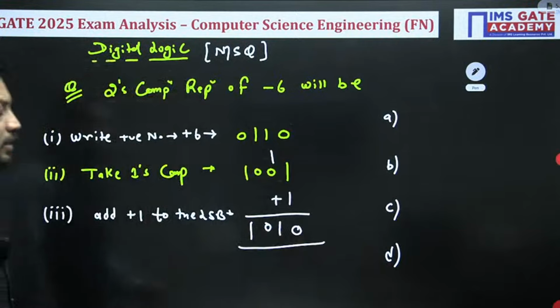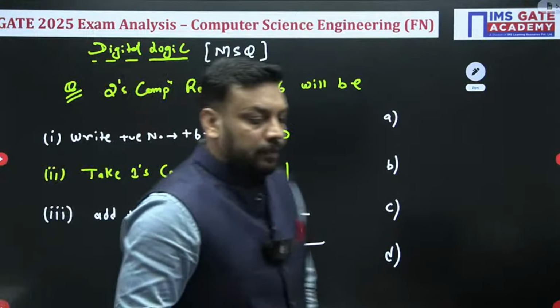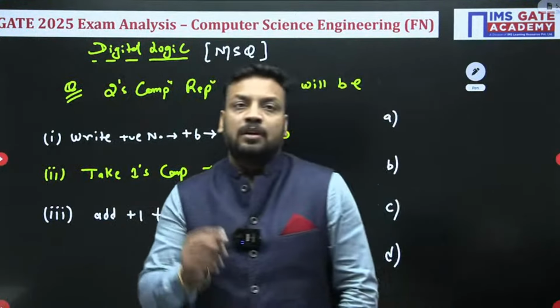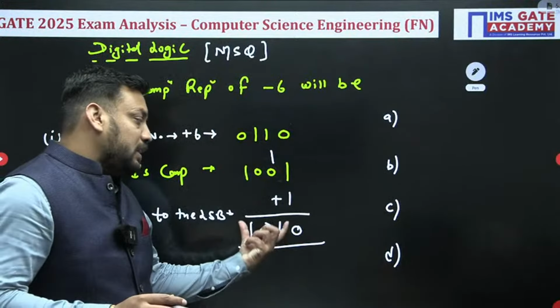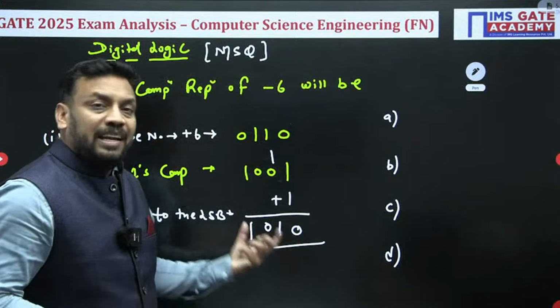So it means guys, the beauty of 2's complement representation is that if you want to represent the same number in 8-bit or 16-bit, you just need to copy the MSB. Because the MSB is 1, it is a negative number, so I can add any number of ones here to increase the number of bits. So the examiner has given 16-bit and 8-bit options.